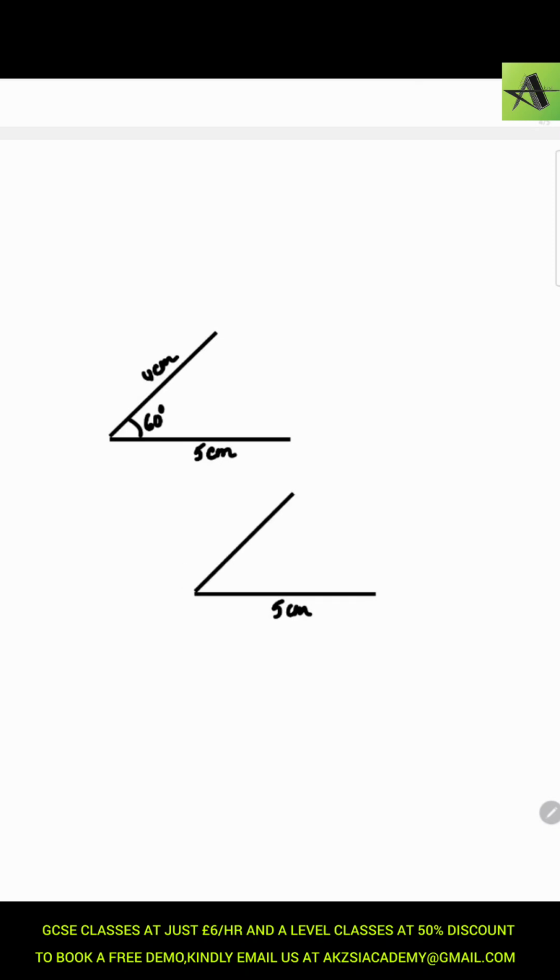If this is 60 degrees and this is 4 centimeters again, if you join it like this, you can clearly see they look like each other. So from here I can conclude that at least we should know two sides and an angle.